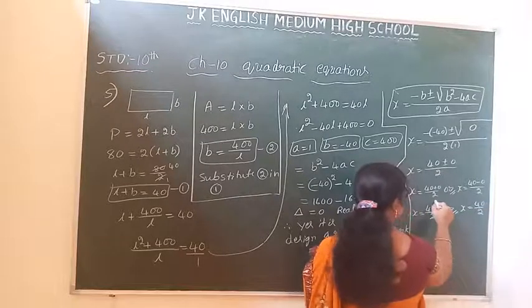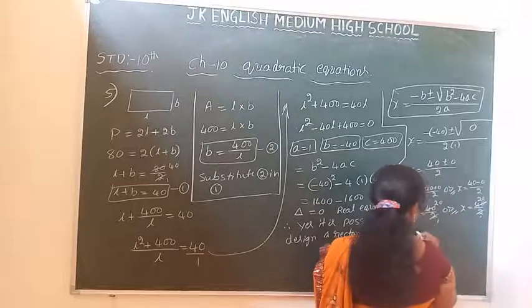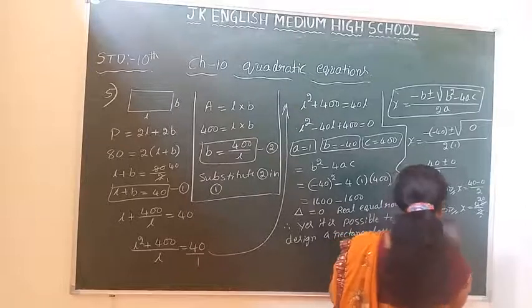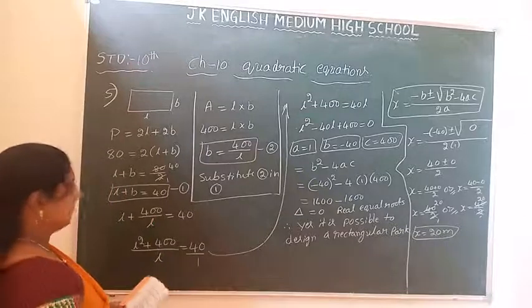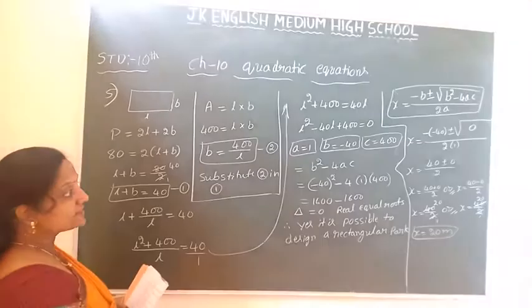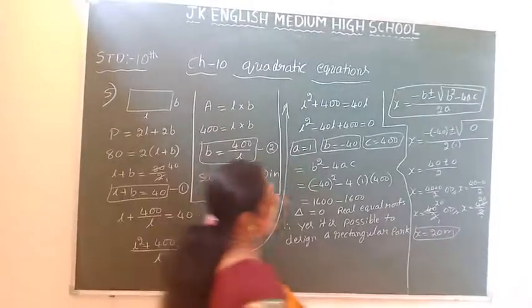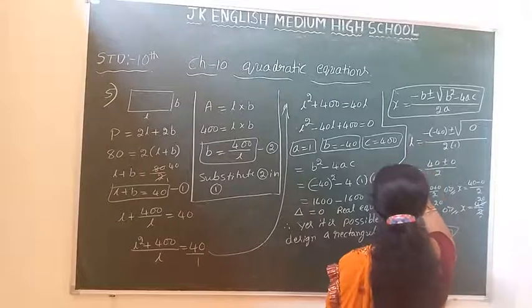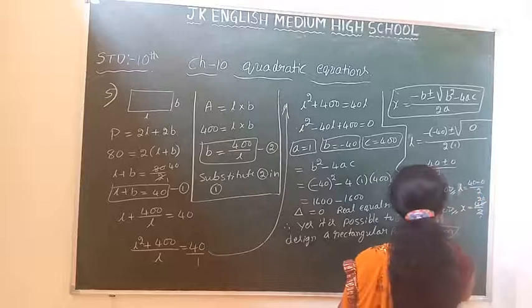2 twenties are 40. Therefore the x value I got is 20 meter. After getting the value of x as 20 meter, children remember, don't get confused: in place of the x variable, L is there.